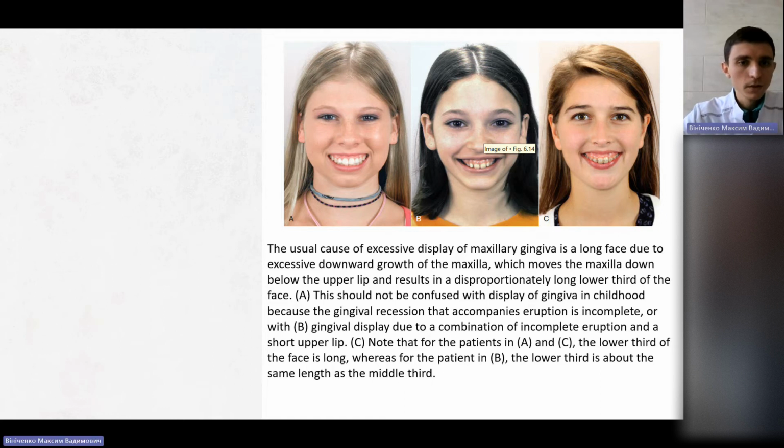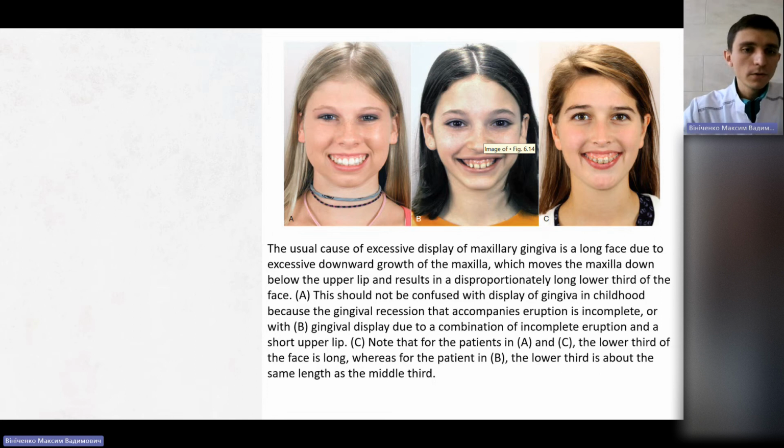On picture C, note for the patients in A and C, the lower third of the face is long. Here we could see these thirds are long. Whereas for the patient in B, the lower third is about the same length as the middle. So, for example, we do not make a cephalometric analysis, but we see these facial features.